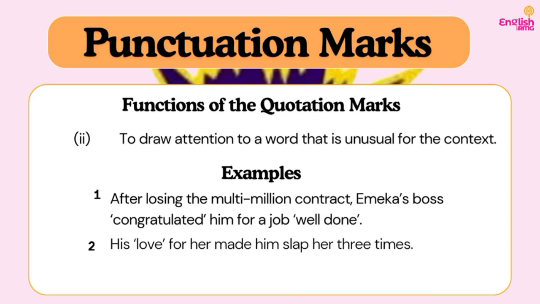You are actually calling the attention of your reader to another meaning that can be derived in the context of the sentence in which you have used the word in quote. Do you understand? So you can actually use this if you are writing a story in your essay written examination.